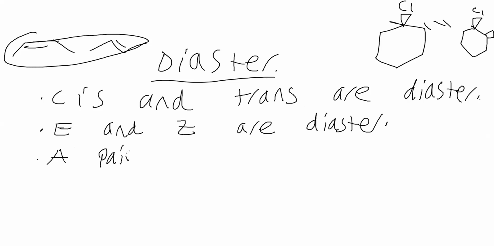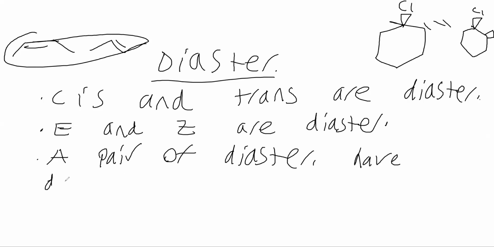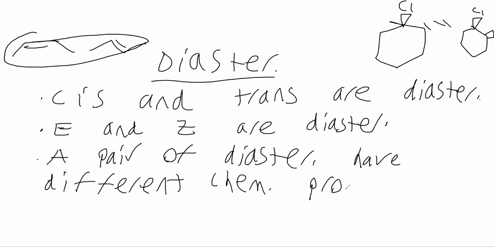And then a pair of diastereomers have different chemical properties. So they can be distinguished by melting point, boiling point, solubility, other stuff.